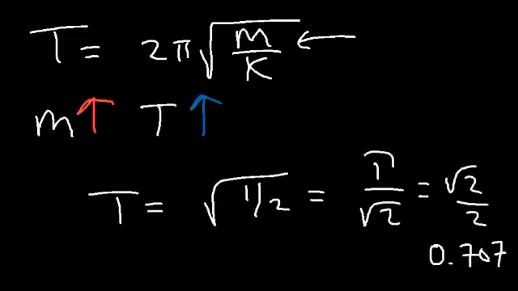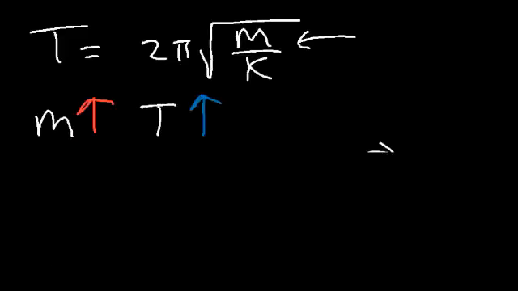Or you could say it's reduced by a factor of square root 2, because you're dividing it by root 2. So if you decrease the mass to half of its value, the period is going to be reduced by a factor of square root 2. It's going to be 70% of its original value, or 70.7%.